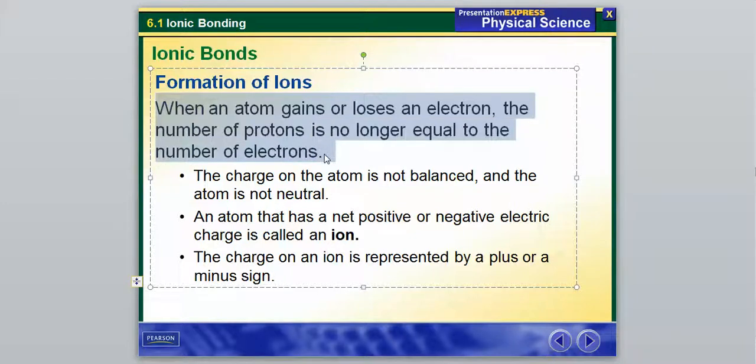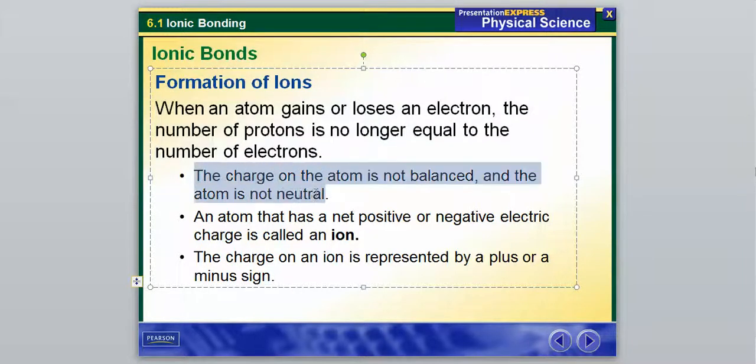In a normal atom, the number of protons and electrons is equal, so there's no charge on a standard atom that's just floating around. However, if they gain or lose an electron, the charge is not balanced, and therefore the atom is not neutral.